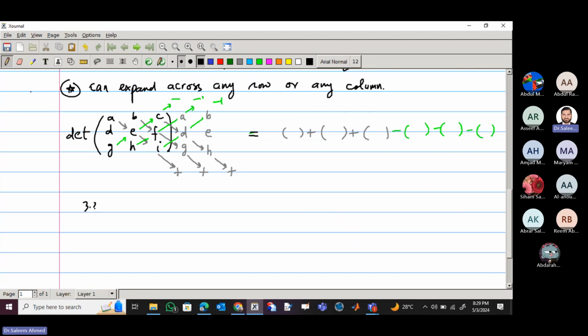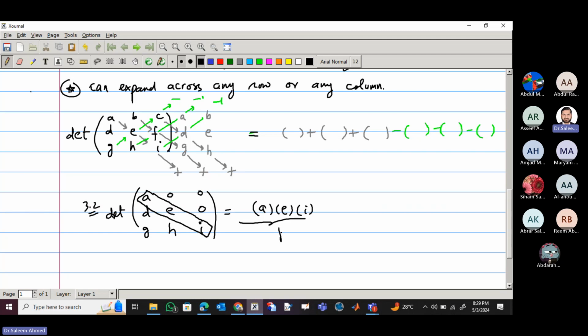In 3.2, there are some properties as well. If you have a diagonal or triangular matrix, A, 0, 0, D, E, 0, G, H, I, you see it's a lower triangular. We have diagonal elements and above the diagonal, everything is 0. So the determinant of this triangular matrix is just A into E into I, means you can just multiply diagonal entries. That's it. Product of diagonal entries.